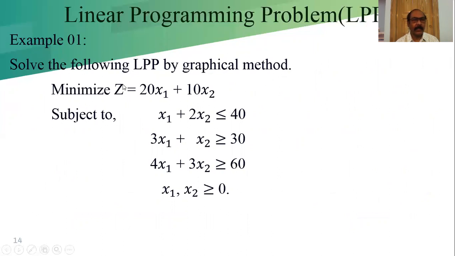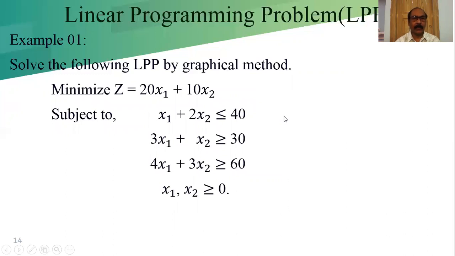First, this is a minimization problem: minimize Z = 20x1 + 10x2, subject to the conditions x1 + 2x2 ≤ 40, 3x1 + x2 ≥ 30, 4x1 + 3x2 ≥ 60, x1, x2 ≥ 0. This is the given problem. We have to solve it by the graphical method.